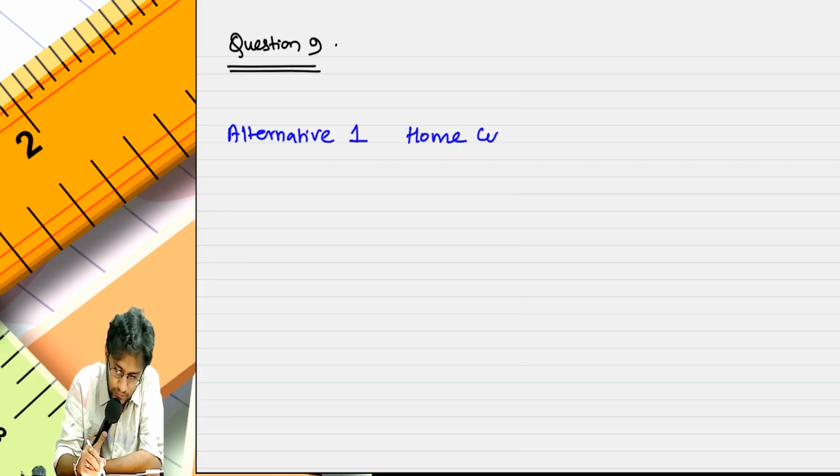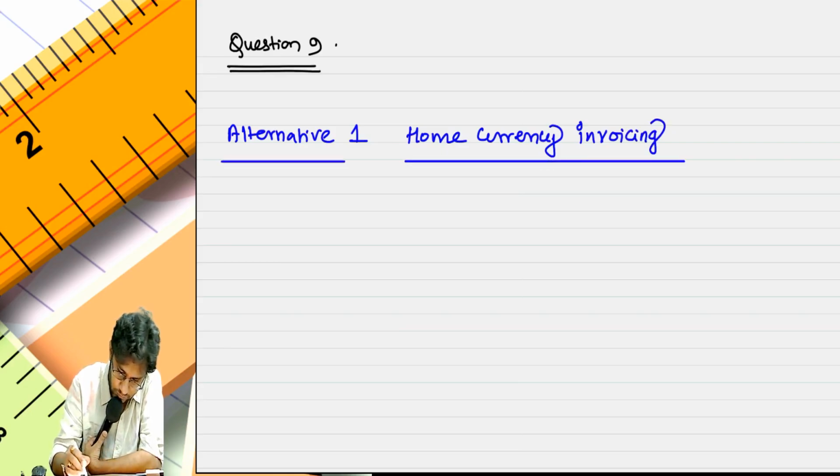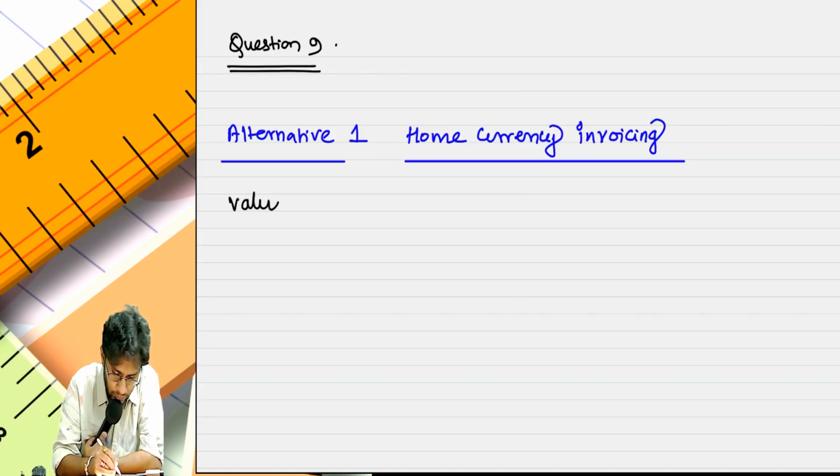What's the first alternative? Alternative one is Peter. Peter, what is he saying? Home currency invoicing. Value of FC receivable is 28 lakhs euro.